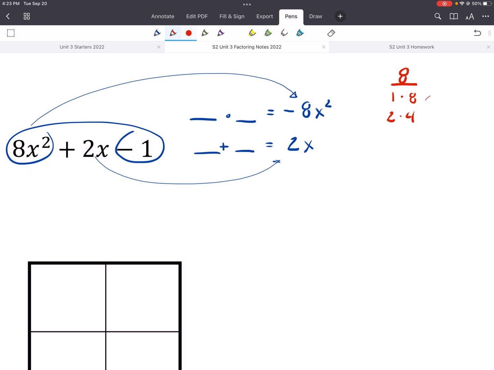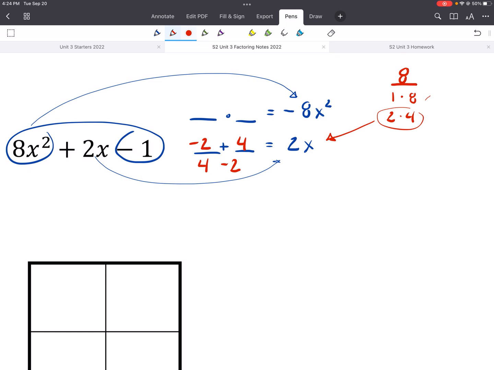So for this example, 1 and 8, there's no way you can get 1 and 8 to give you 2. But 2 and 4, yeah, we could use 2 and 4 to give us 2. We'd want to do something like negative 2 plus 4, or you could do 4 minus 2. It doesn't have to add to 2, really.